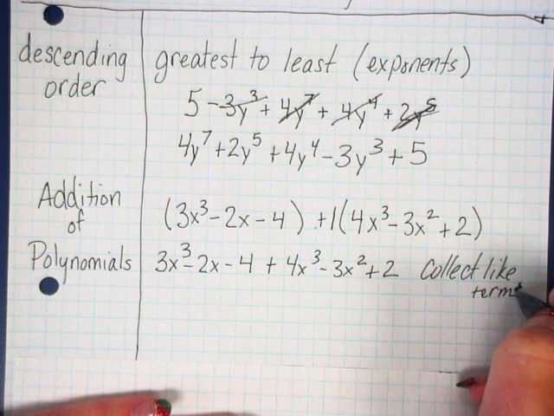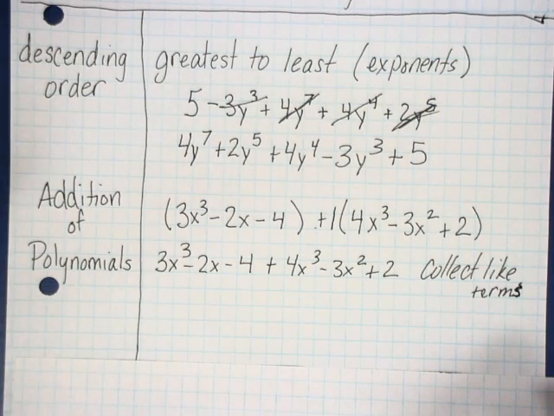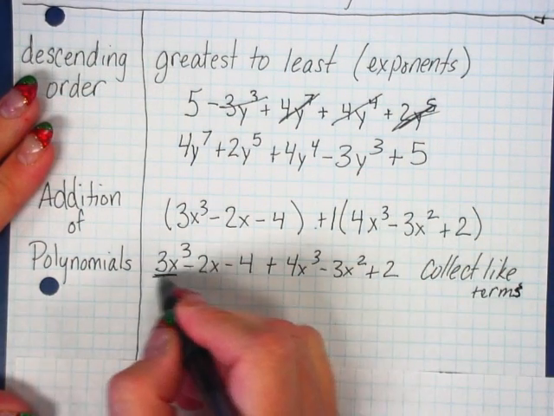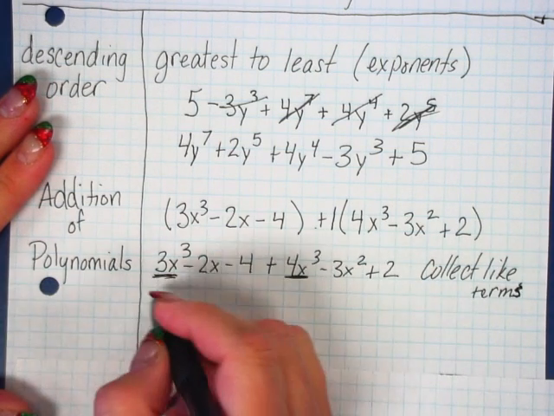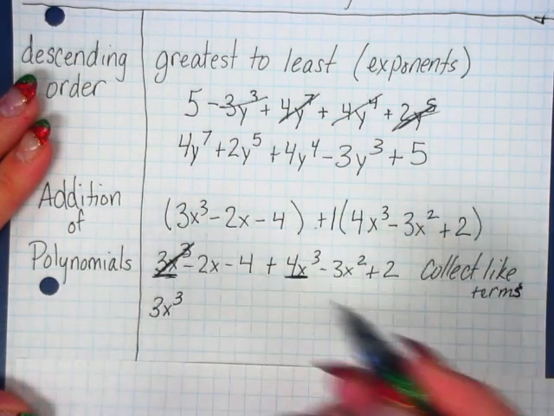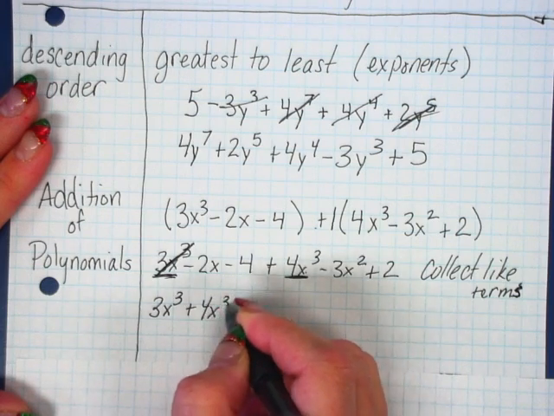When we collect like terms, we're looking for the same exponent with the same variable. So here is an x to the 3rd, and here is an x to the 3rd. So we're going to rewrite it, and I want to see this step on your paper. I cross them out as I use them. Positive 4x to the 3rd.